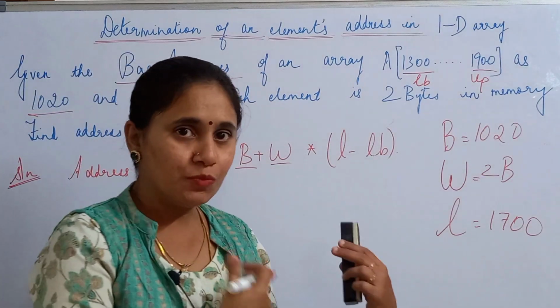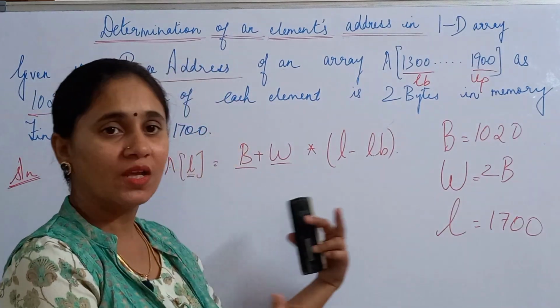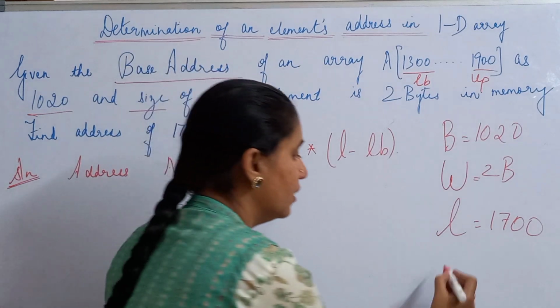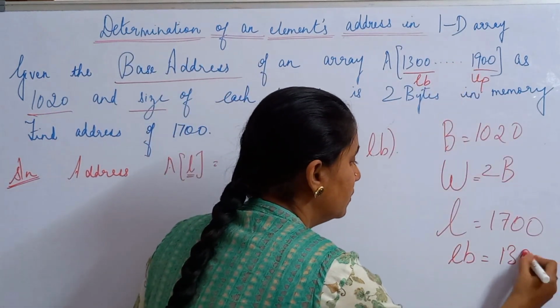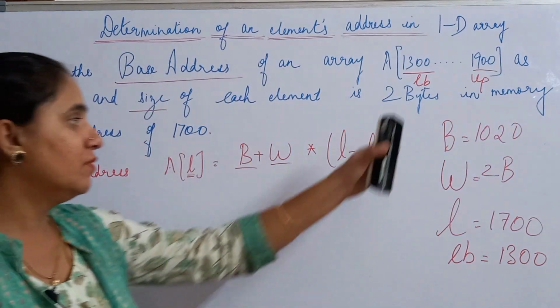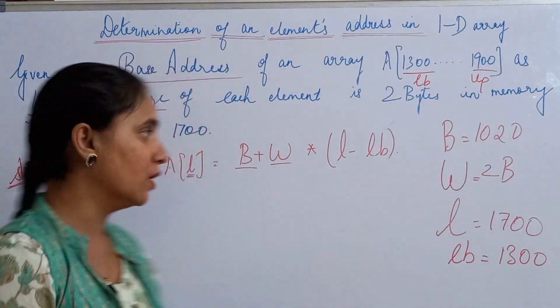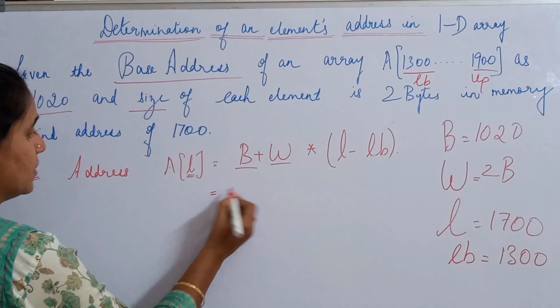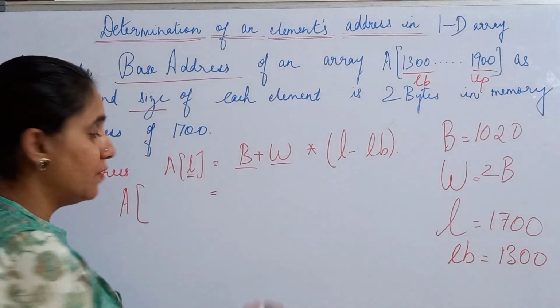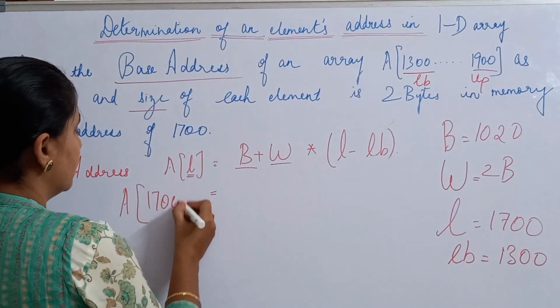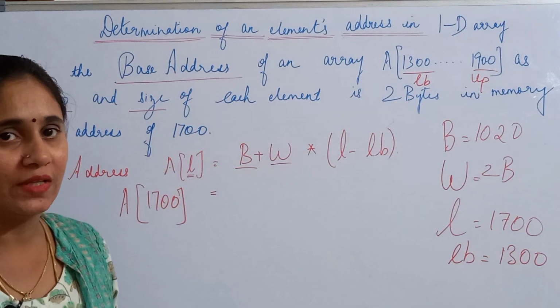Now shall we substitute all these values in the formula? LB is given as 1300. These are the values that I have to substitute. So A of L, where L is given as 1700, because for this element I have to find the memory address.